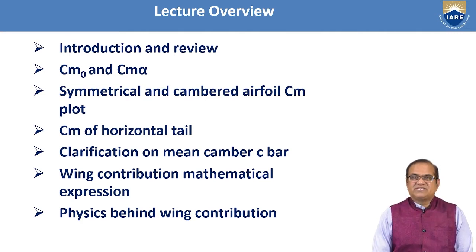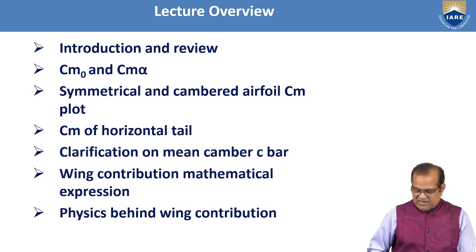We will derive this mathematical expression, and then the physics behind the wing contribution, and how as an engineer we should design our wing. These are very important for today's lecture, and we should try to understand them very well.